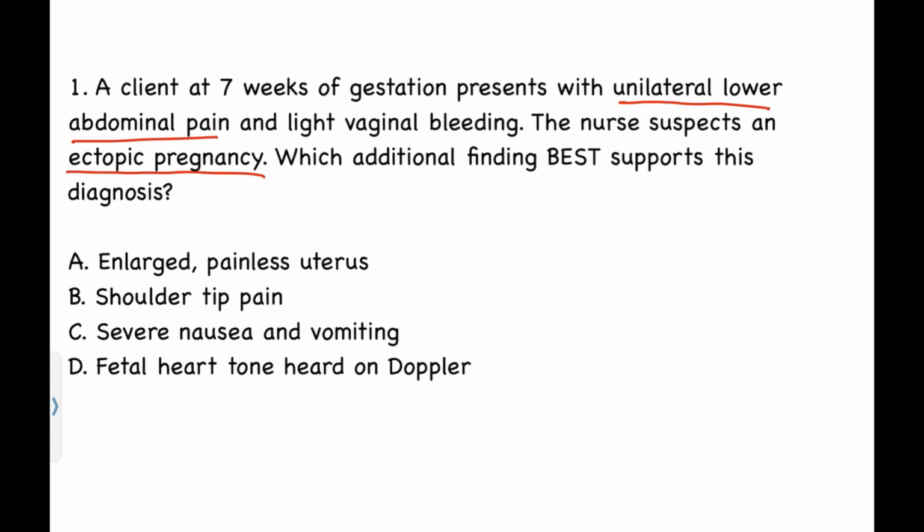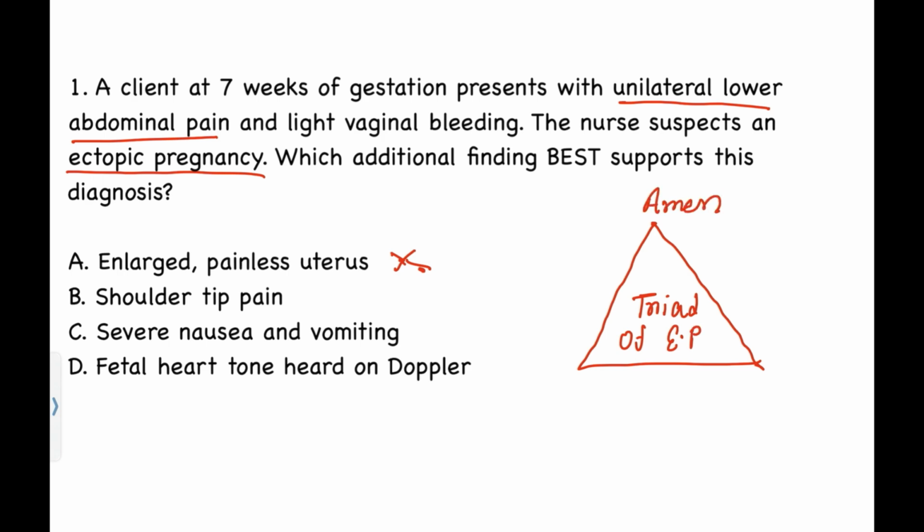So here the question is, the client is 7 weeks of gestation with ectopic pregnancy. Which one best supports this diagnosis? For the option enlarged and painless uterus, I won't choose this answer, because of the triad of ectopic pregnancy: amenorrhea, absence of menstruation, then vaginal bleeding, and the third one is pain in abdomen.